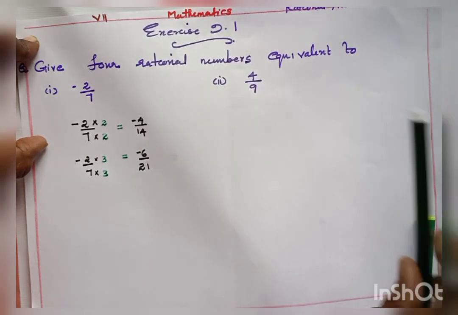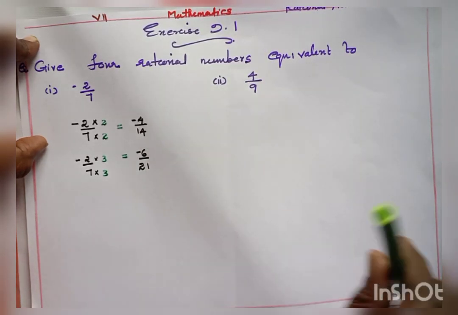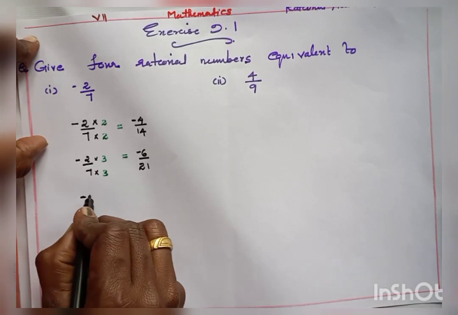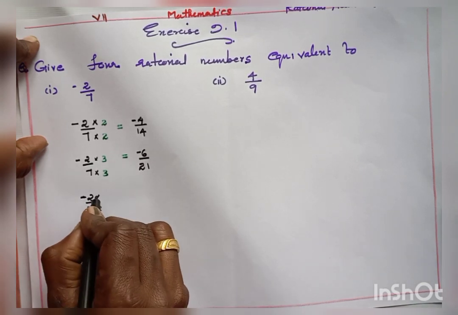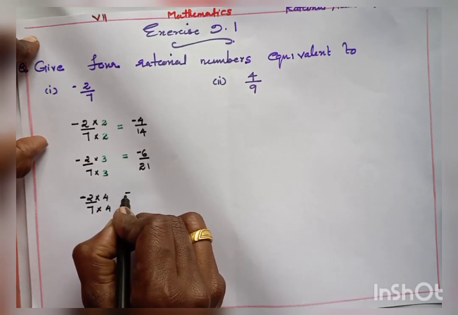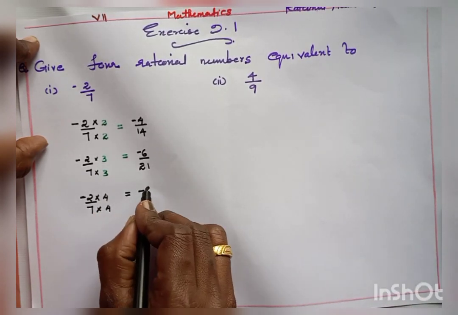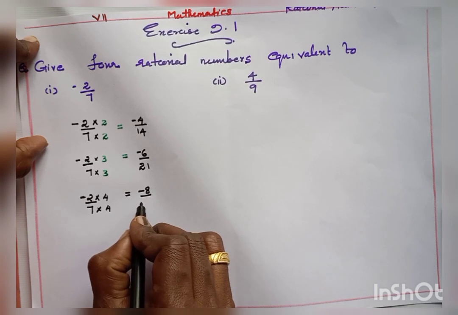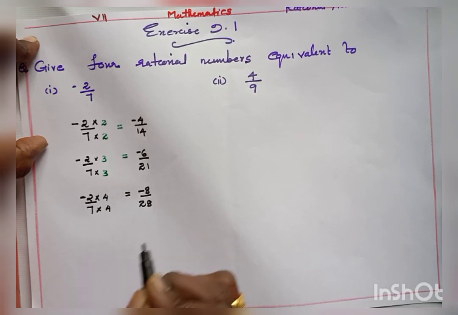We want 4 rational numbers, so again multiply minus 2 by 7 by another non-zero integer. Multiply by 4, we get minus 8 by 7 into 4, 28.